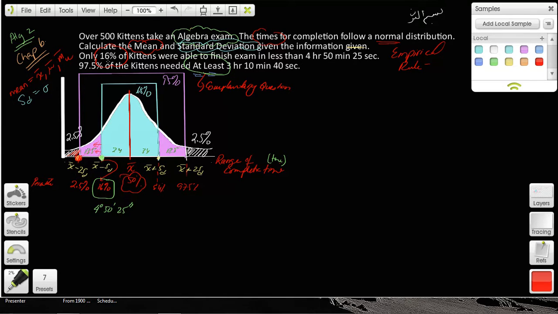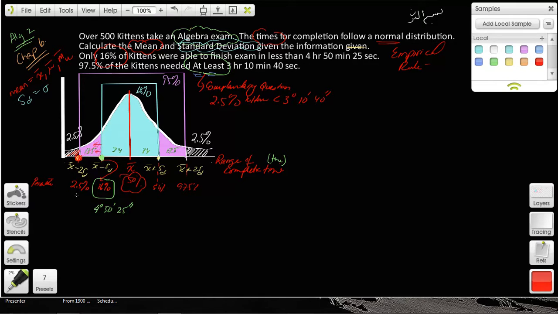In other words, if 97.5% is that, what about the 2.5%? What does that mean about the rest, which is 2.5%, which is 100 minus 97.5%? So if 97.5% of the kittens needed at least that many, that means 2.5% of the kittens were able to finish in less than 3 hours, 10 minutes, and 40 seconds. So 2.5% of them needed just that much.